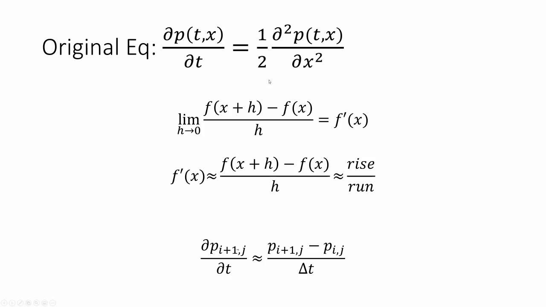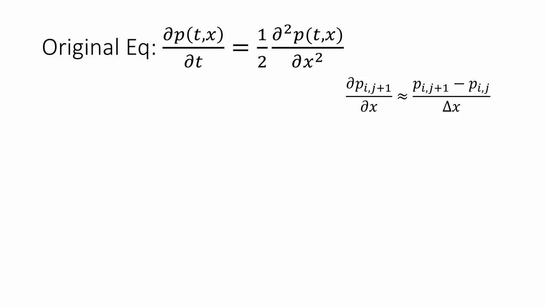Now, let's look at the right-hand side of the equation. Here we have a second order partial derivative of p with respect to x. We can start by finding an algebraic representation of the first derivative, like so, just like we did in the t direction.